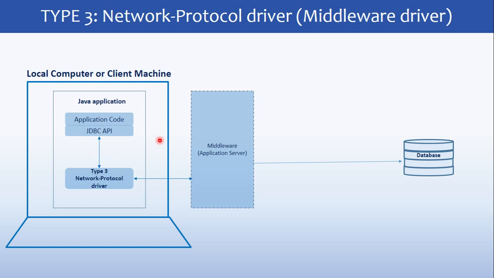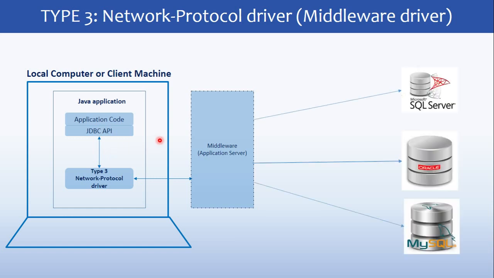Here we can see that because of this independence of the Type 3 driver, we could communicate with different vendors' databases, that is SQL Server from Microsoft, Oracle, and then MySQL. We have all this communication, but the dependency is on the middleware.